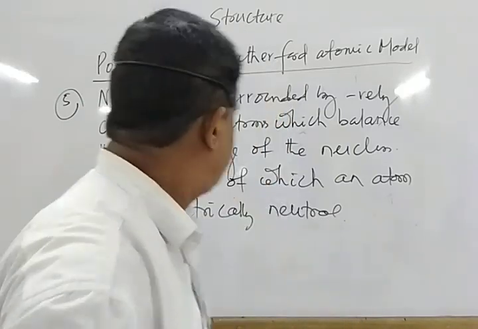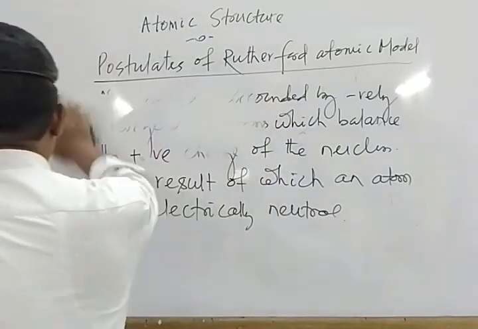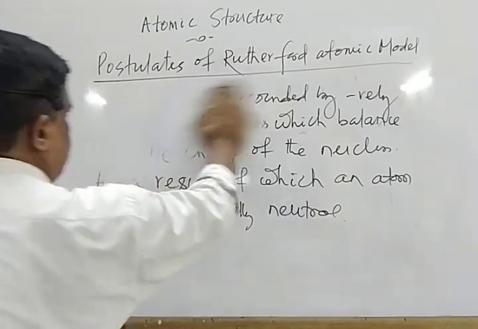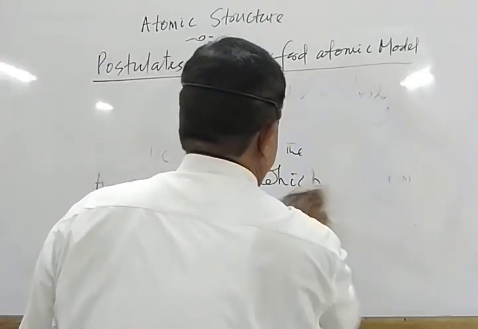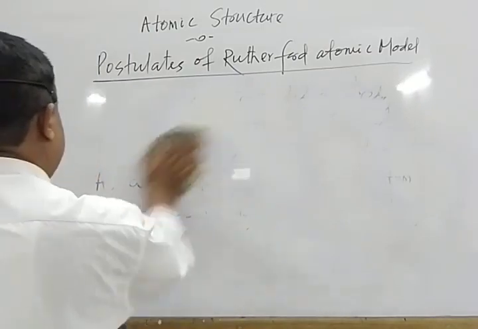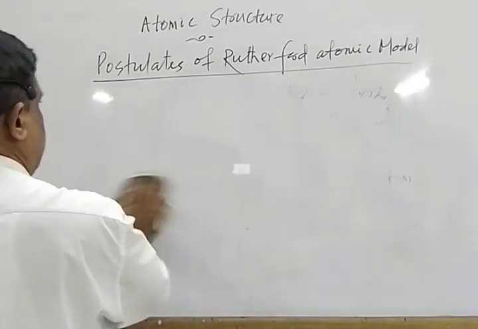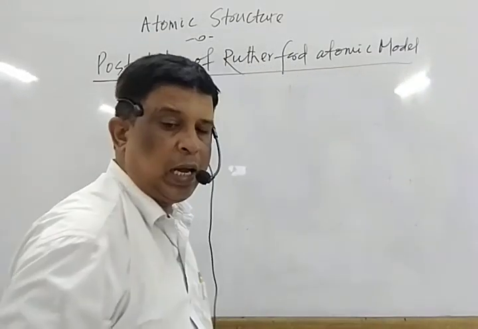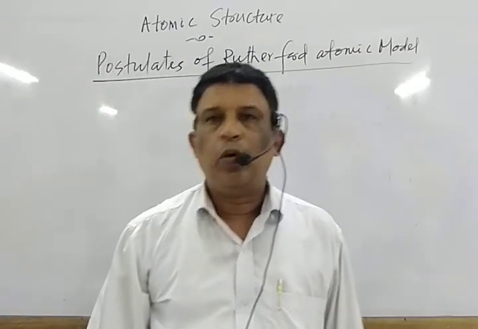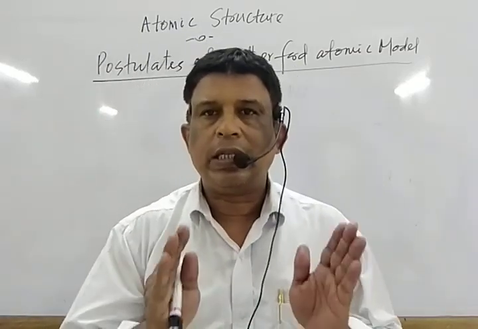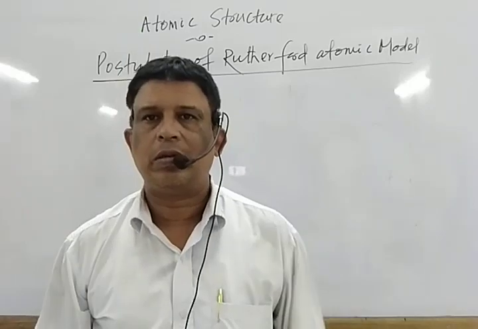So an atom is electrically neutral. Move to the next point. Point number 6. That is, when electron revolve around the nucleus, there is a force generated that is known as a centrifugal force.